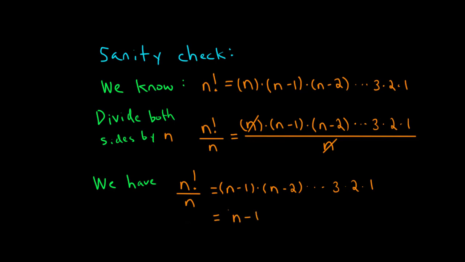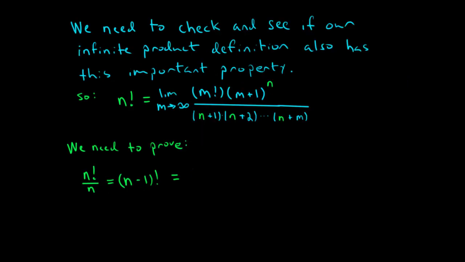In other words, that just equals n minus 1 factorial. So we need to check and see if our infinite product definition also has this important property. In other words, we need to prove that n factorial over n, which we know is now n minus 1 factorial, is the same thing as dividing our infinite product formula by n, or equivalently multiplying it by 1 over n. So that's what I'm doing here.